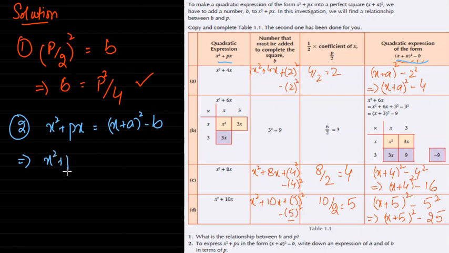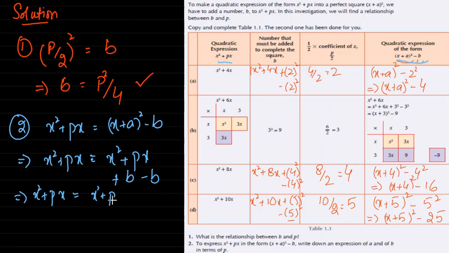So x square plus px is equal to x square plus px plus b minus b, right? It's b actually. So further if you go, it becomes x square plus px is equal to x square plus px, and b is actually equal to p divided by 2 whole square, and then minus p divided by 2 whole square.